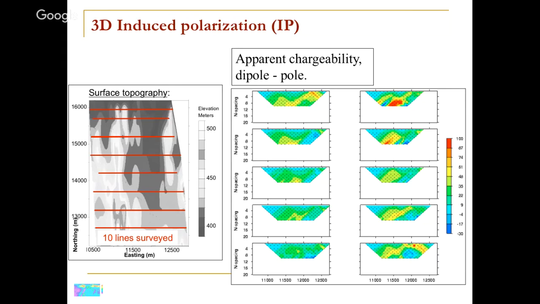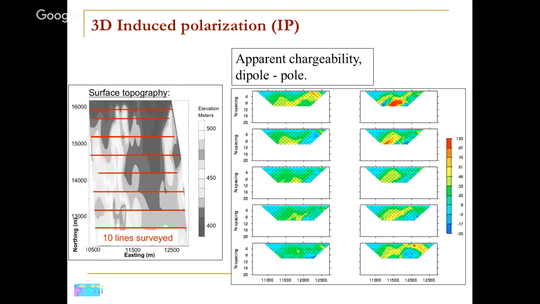So the numbers that we're seeing out here for chargeability are really small compared to these here. Because the numbers are small, when you get to really large offsets between the transmitter and receiver, the signals are so small, it's basically noise. So these have to get cut off. Other than that, it's the same pseudo-section.